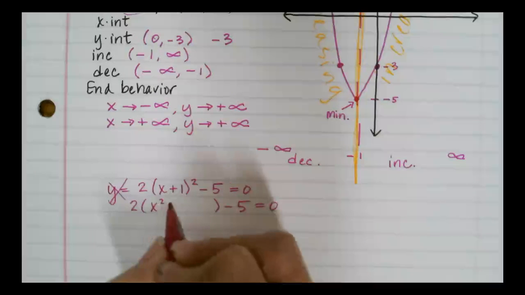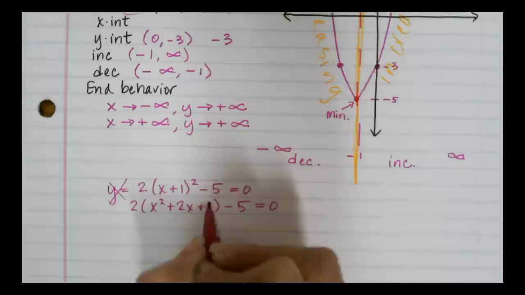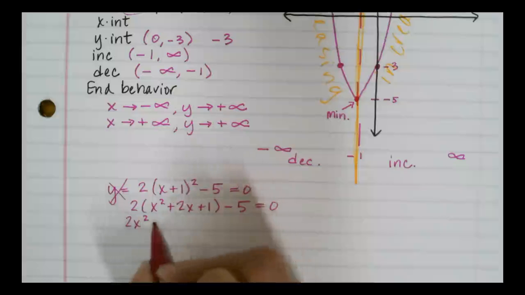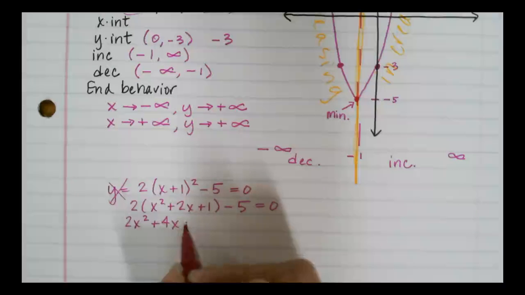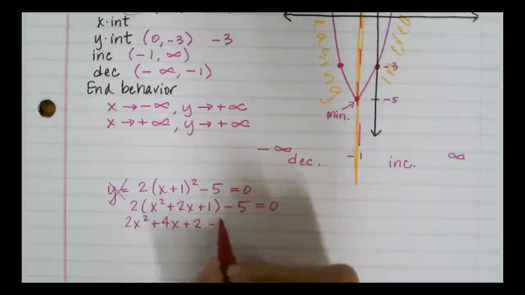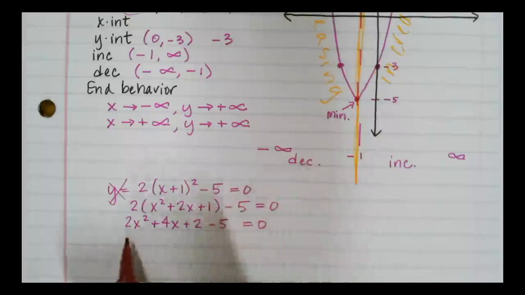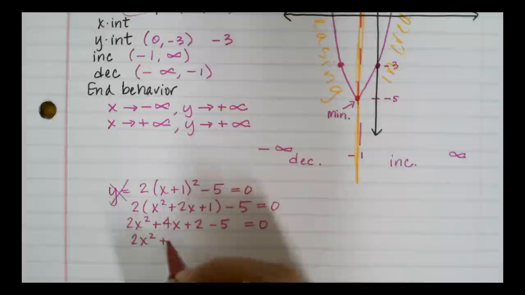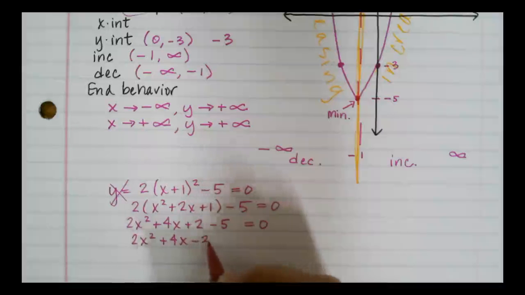So x squared plus 2x plus 1. Then I need to distribute. So 2x squared plus 4x plus 2 minus 5. And then combine like terms. So 2x squared plus 4x minus 3.